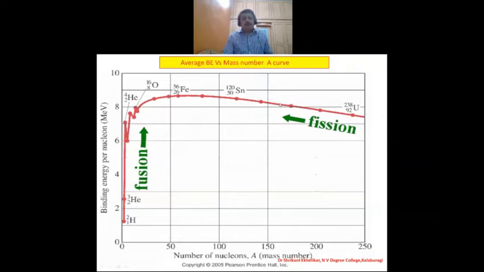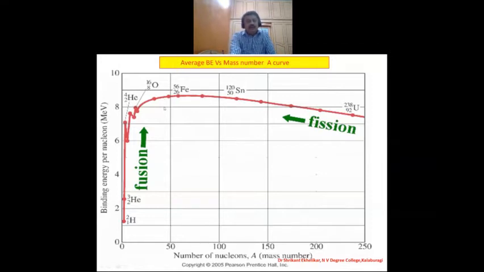So for this very broad range of mass numbers, 40 to 160, what is happening? Binding energy is almost constant. Average binding energy, that is binding energy divided by mass number, is constant. It is almost 8.8 MeV. Therefore, the curve is flat from here to here.